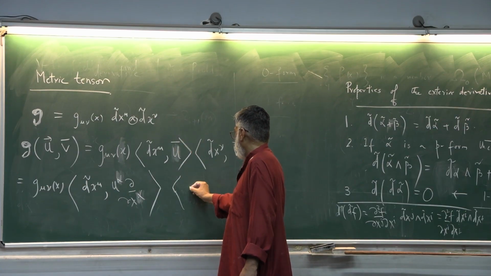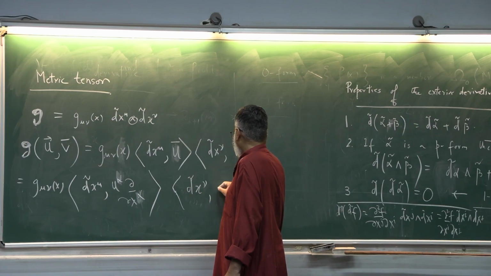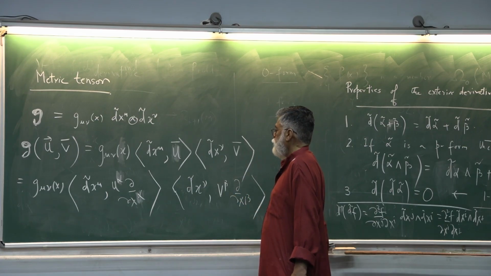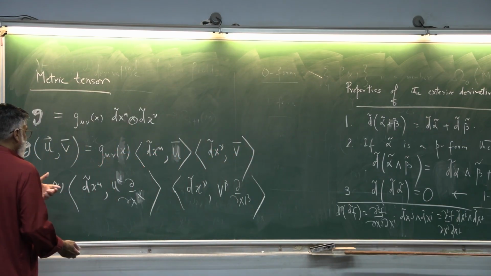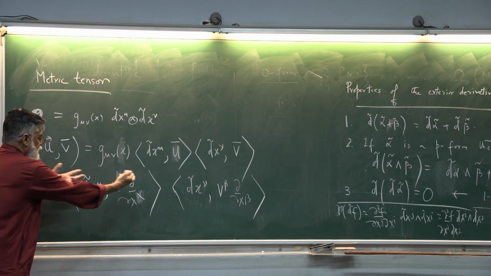And here d of x nu comma v of beta del by del x beta. Okay. And this is a linear thing. This operation is linear. U alpha will come out and this will act on it.